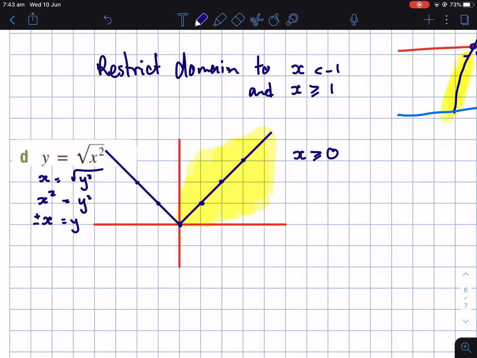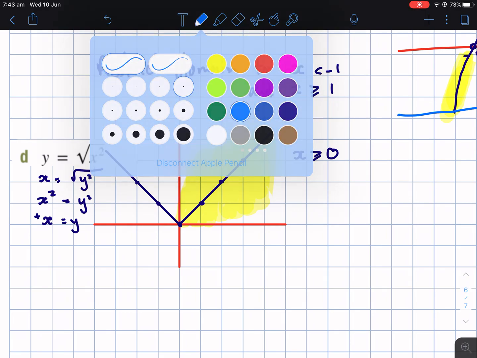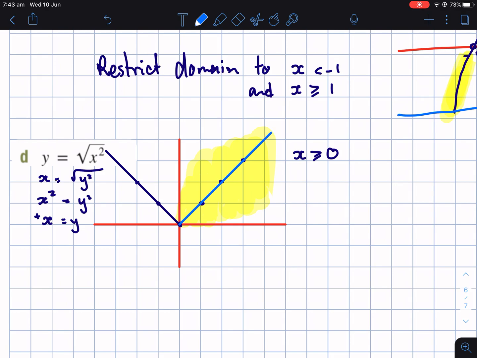So if I want to sketch this, I also need to restrict it to x is greater than 0, so we're not going to have a negative x. It's literally going to be along here as well. Okay.